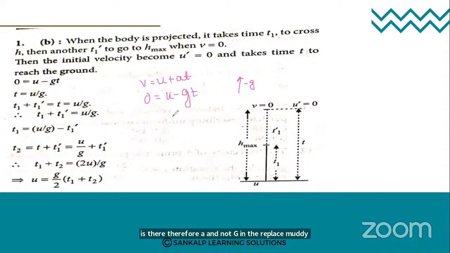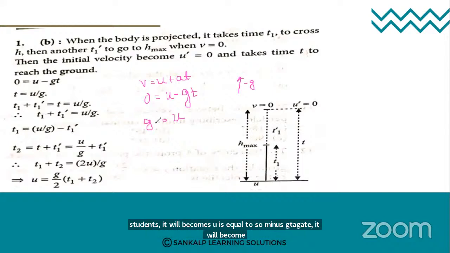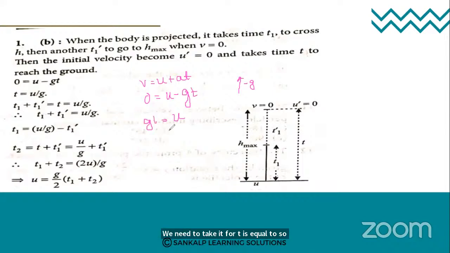If you simplify this equation, students, it becomes 0 is equal to u minus gt. So u is equal to gt, therefore t is equal to u divided by g. This is one equation.